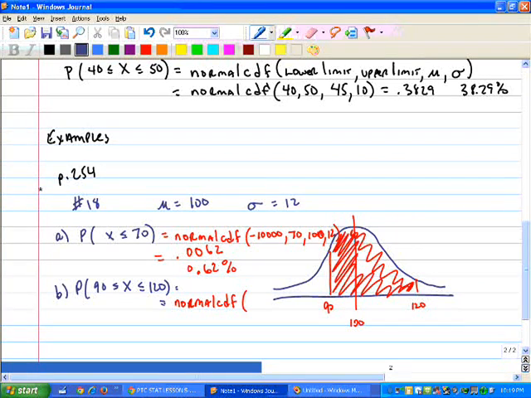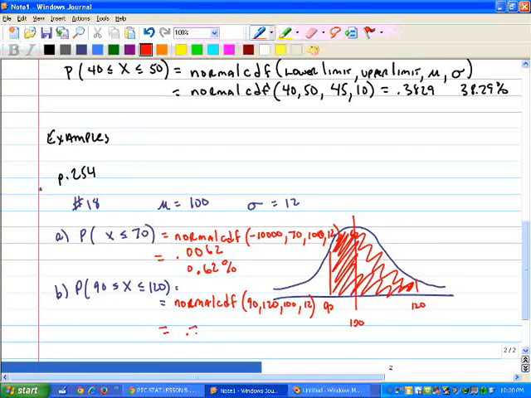We're going to go to second vars, normal CDF. We're going to enter our lower bound of 90 this time, upper bound of 120, our mean of 100, standard deviation of 12. The calculator will give us the probability, the area under the curve, the probability that a monthly utility bill is between $90 and $120.